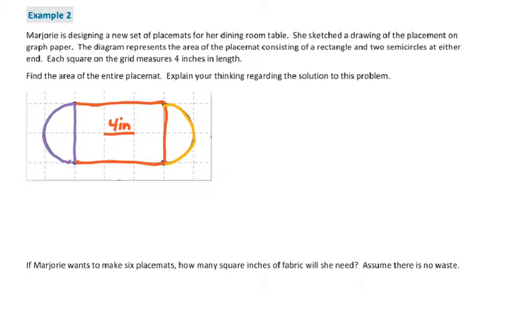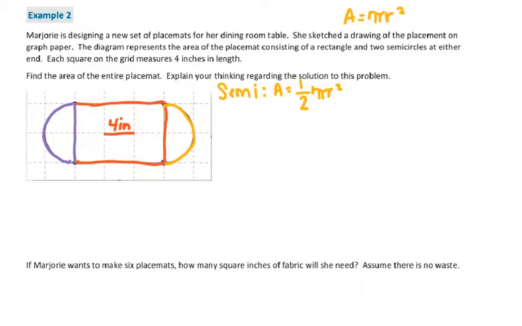So remember that we just talked about the area of a semicircle as being area equals 1/2 pi r squared, because remember we're looking at half the circle, and we find the area of a circle by carrying out pi r squared.